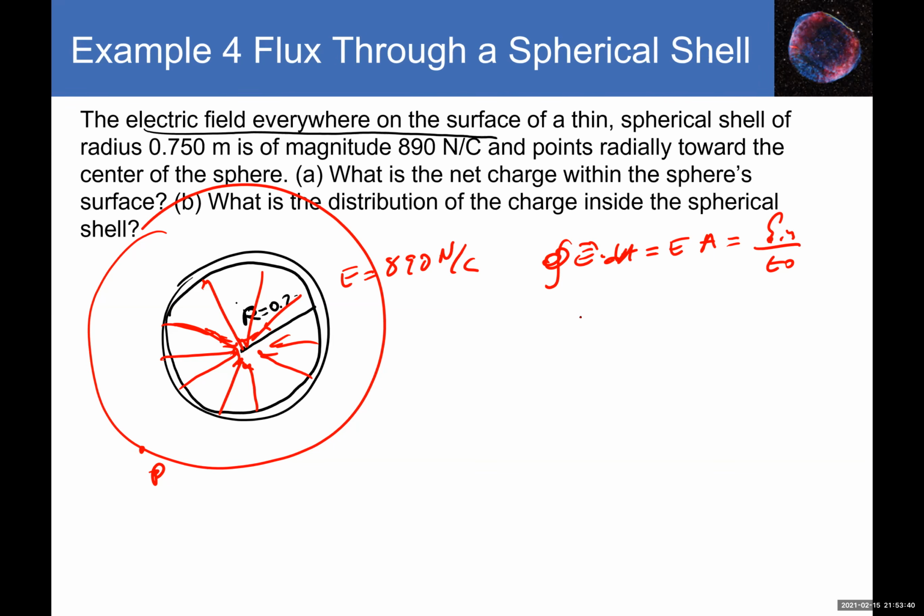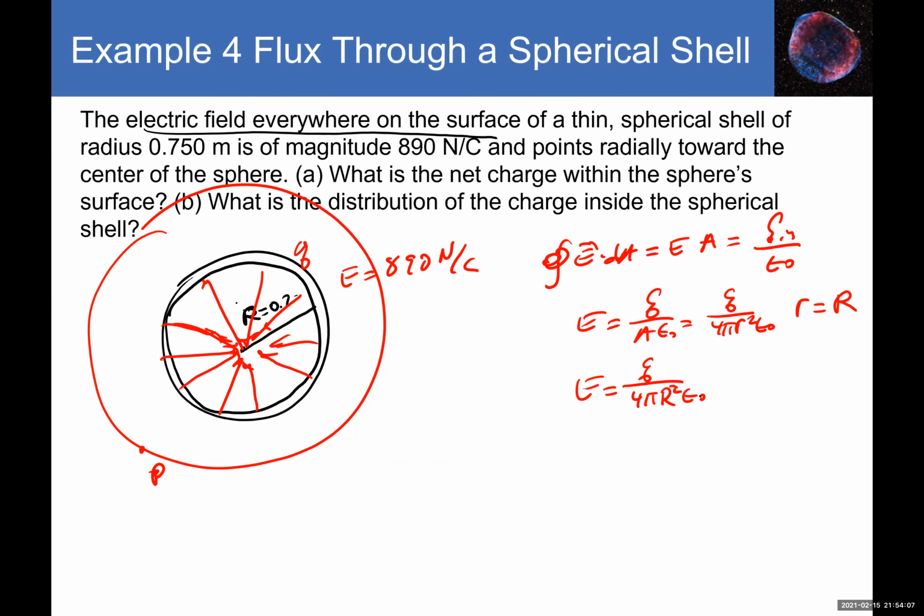That means the electric field is equal to Q over A epsilon naught, so it becomes Q over 4 pi R square epsilon naught. And if R is the radius, this becomes Q over 4 pi radius square times epsilon naught.